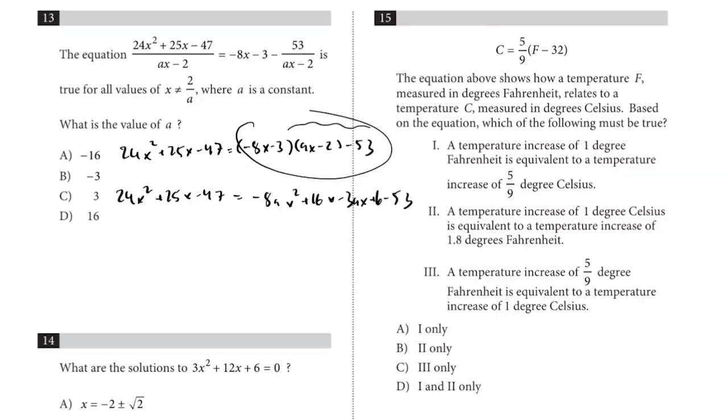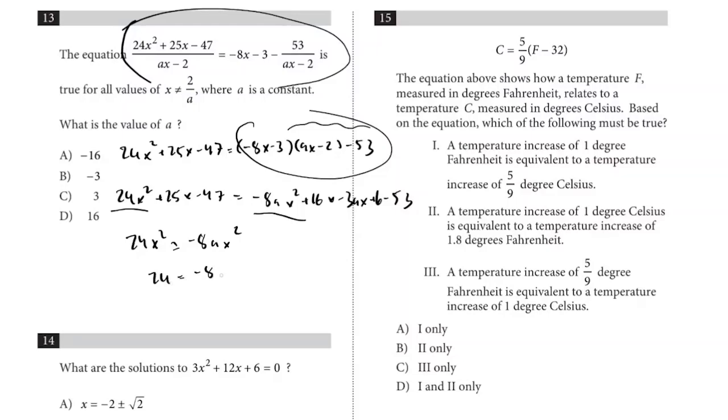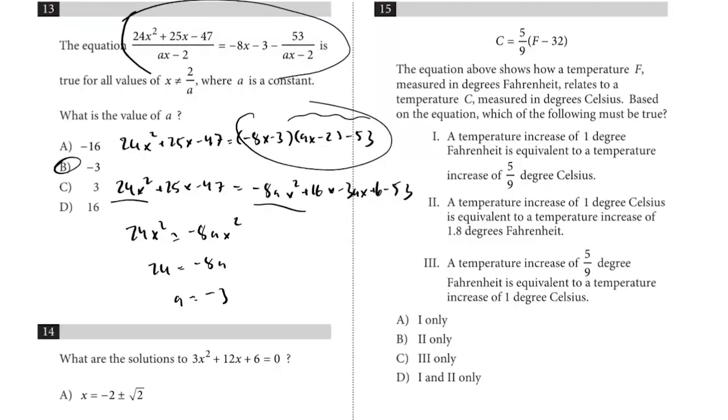And we need to know what a is equal to. So basically, 24x squared should be equal to negative 8ax squared, right? And this is because these two values have to be equal to each other, as said in the first part of the question. So that means 24 equals negative 8a. And that means a is equal to negative 3. So the answer for question 13 is B.